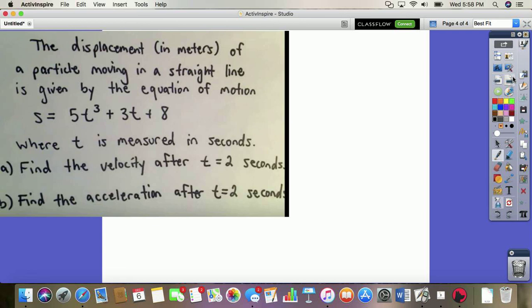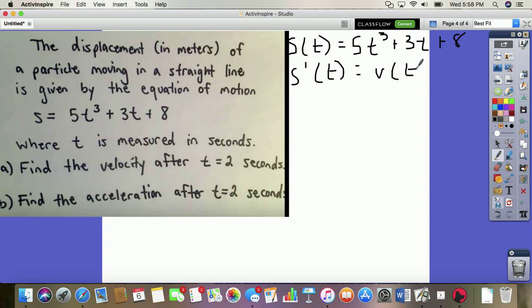So first and foremost, we need to go ahead and find out. So we know our position, s of t, is equal to 5t cubed plus 3t plus 8. And we said that s prime of t is equal to velocity.